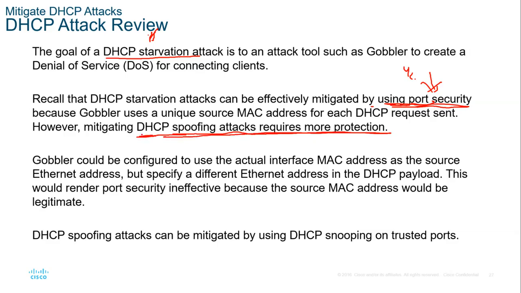DHCP spoofing is creating a rogue DHCP server on the network. So DHCP spoofing attacks can be mitigated by using DHCP snooping on trusted ports.